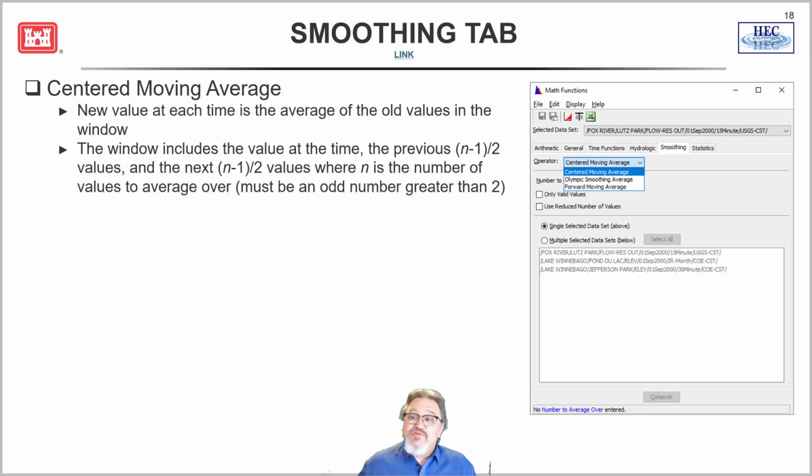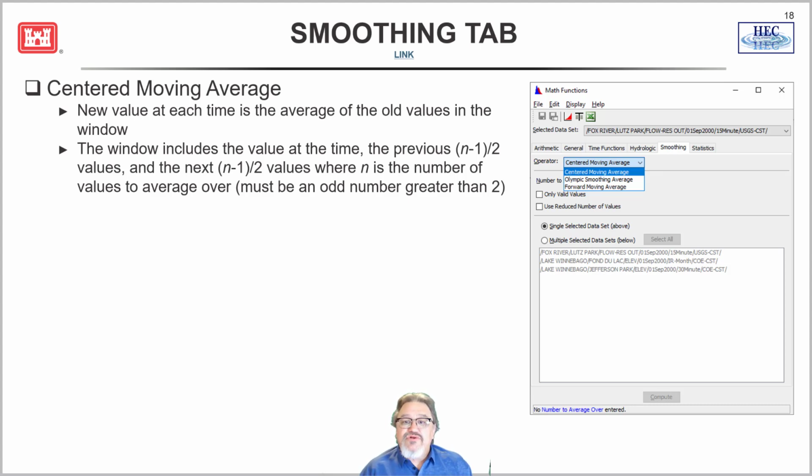Centered moving average being the first one we come to on the operator. And in a centered moving average, the new value at each time is an average of itself plus a certain amount of values before that time and a certain amount of values after that time. It's called centered moving average because the new value is put at the center of the averaged window.